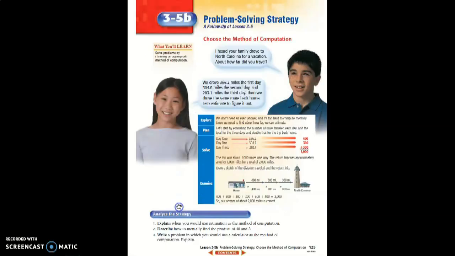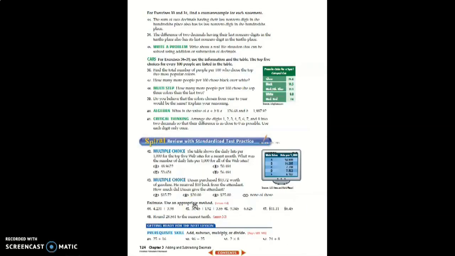Use an appropriate method. 48. Round 28.561 to the nearest 10. Getting ready for the next lesson. Prerequisite skill: add, subtract, multiply, or divide.